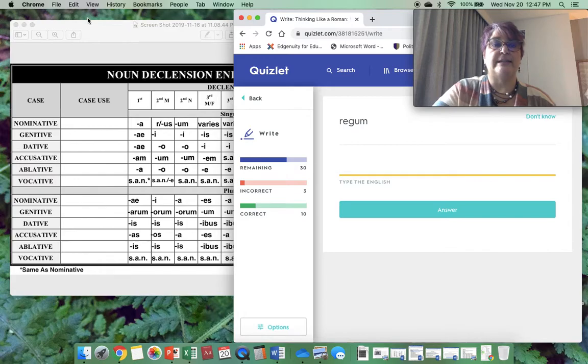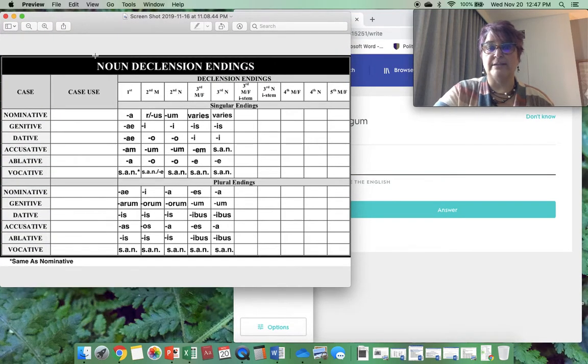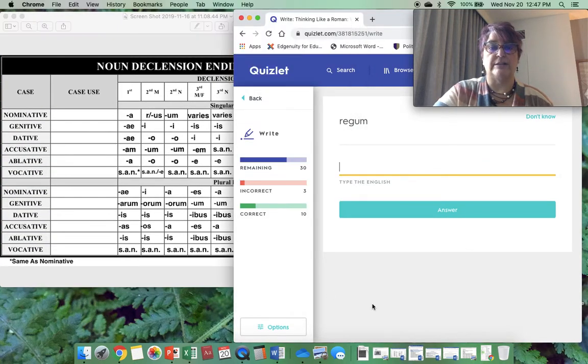If I use the noun chart like most of us tend to do when we first start, all we do is look for the letters UM on the noun chart. I see UM in the accusative singular, and I see the letters UM in the nominative singular.